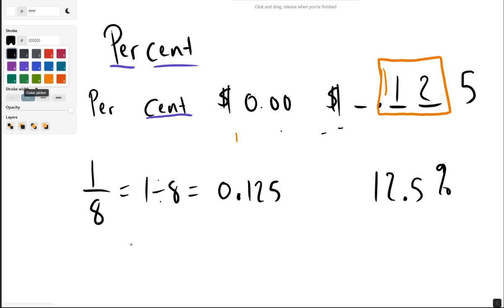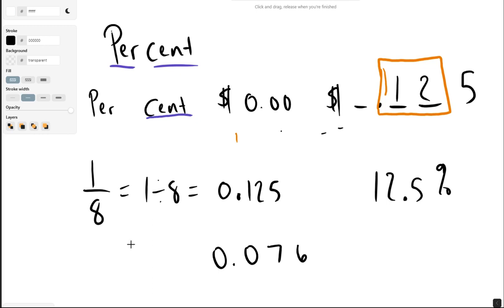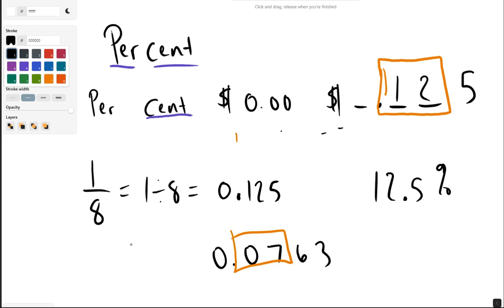But going backwards, the other way, let's say we see something like 0.0763. And we're thinking, all right, how do I turn that into a percent? Well, again, we're really just going to look at this box right here, and think to ourselves, what we're really looking at is about 7%.